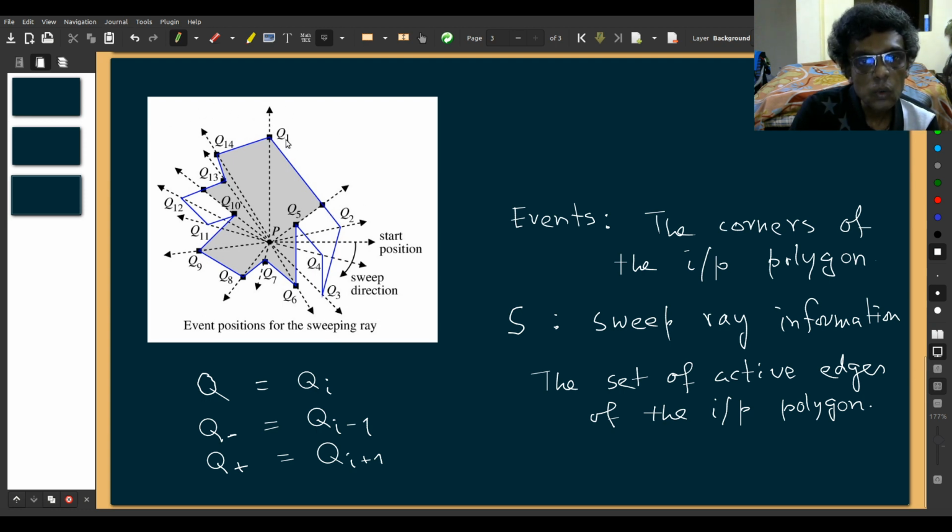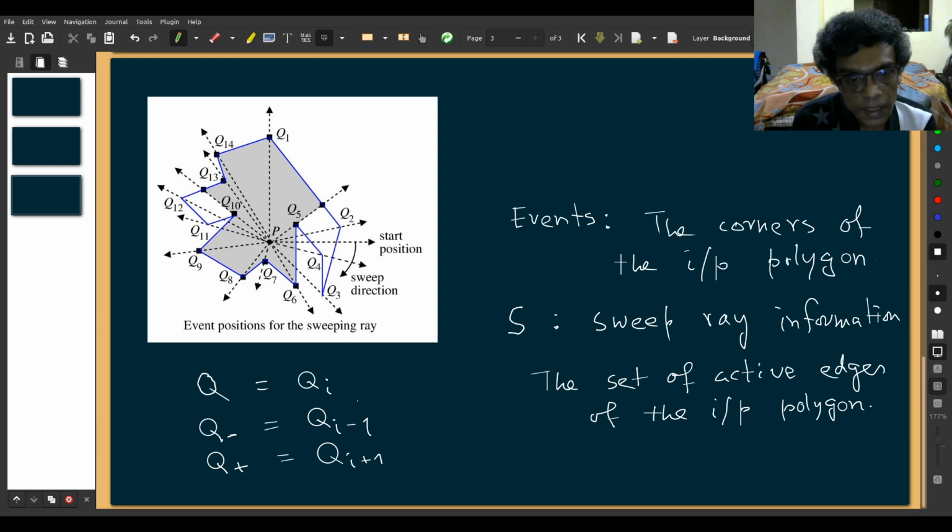So for Q1, Q minus is not Q0 but Q14, and the next is Q2. Likewise, for Q14, the next vertex is not Q15, but Q1, and the previous one is anyway Q13. So this i minus 1 and i plus 1 are on the circle.